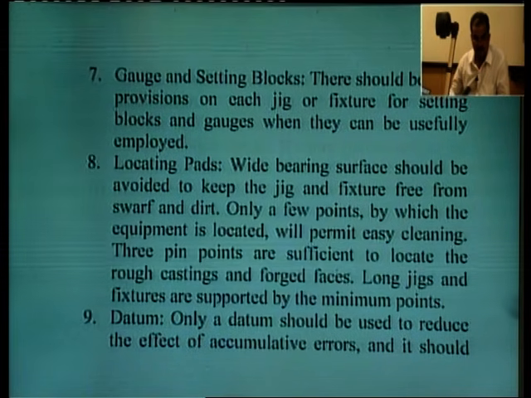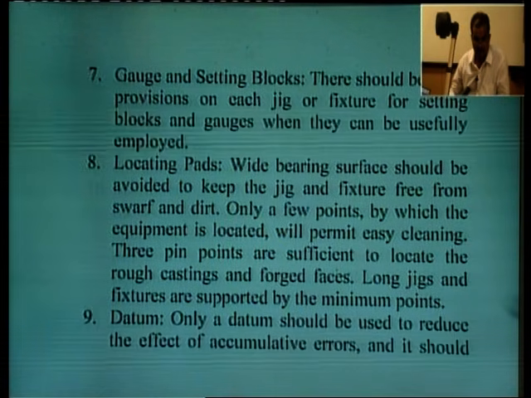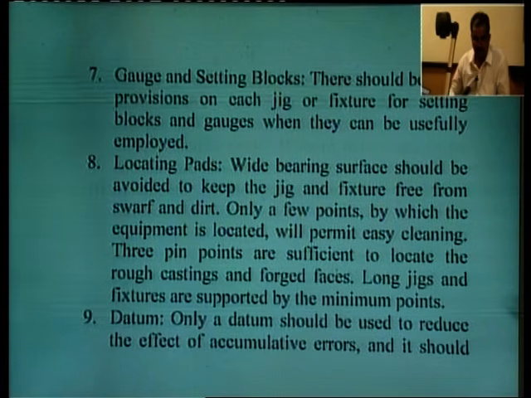Only a few points by which the equipment is located will permit easy cleaning. Three pin points are sufficient to locate rough casting and forged faces. Long jigs and fixtures are supported by minimum points.